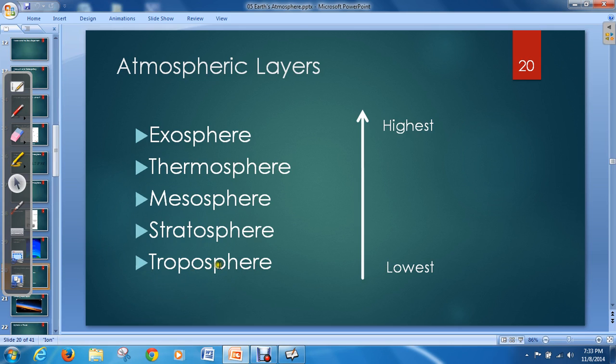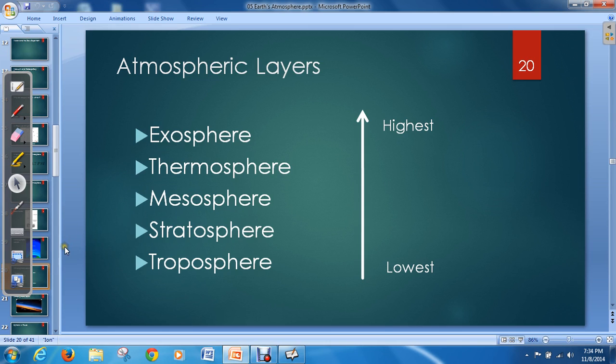First there's the troposphere, then the stratosphere, then the mesosphere, then the thermosphere, and then the exosphere. This one's closest to the Earth, this one's the farthest away. Make sure you have that order memorized, either in your mind or written down: the troposphere, then the stratosphere, then the mesosphere, then the thermosphere, and then the exosphere. You need to have that memorized.